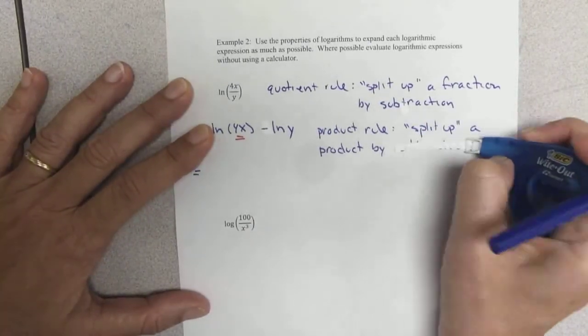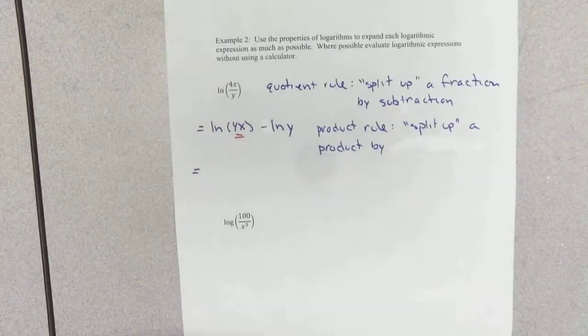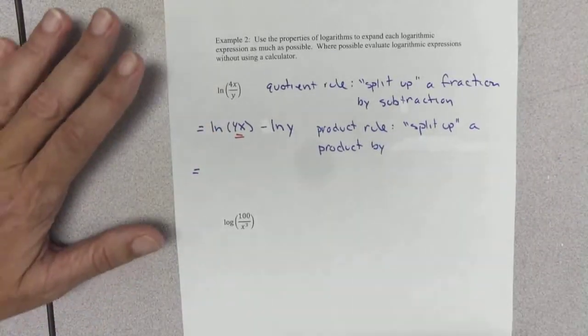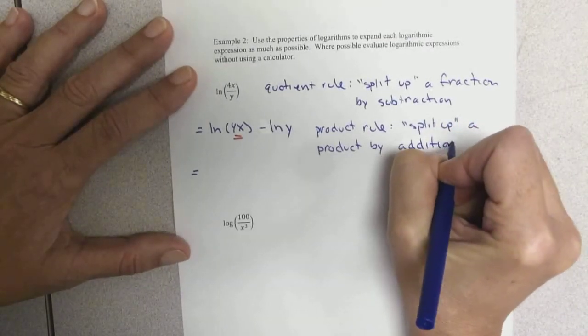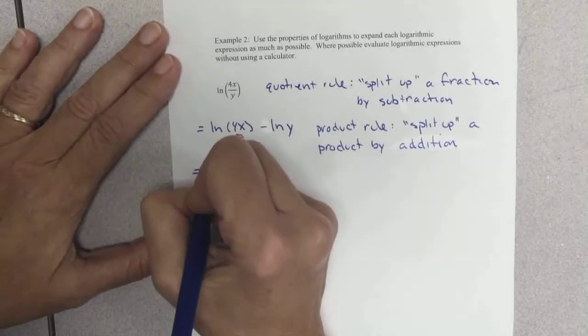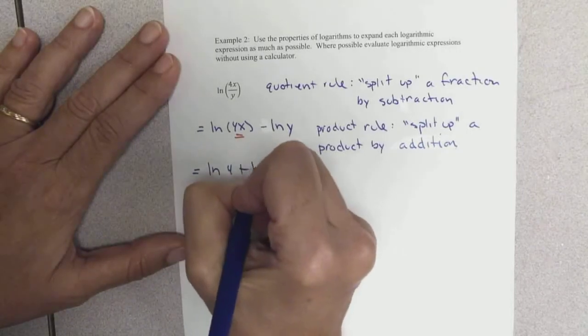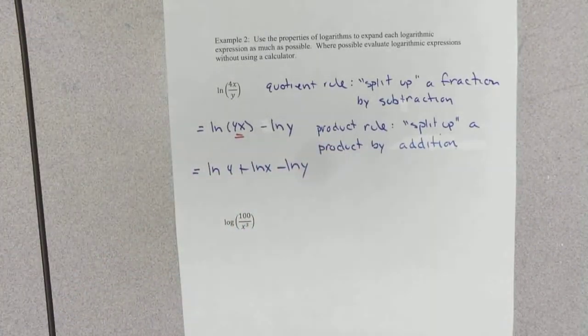Let's get that right. See, at least you know that I'm not this highly professional YouTube video person. I actually make mistakes. We split up a product by addition. And so this is natural log of 4 plus the natural log of x minus natural log of 5, and we've done what they've asked to do. We've expanded that as much as possible.